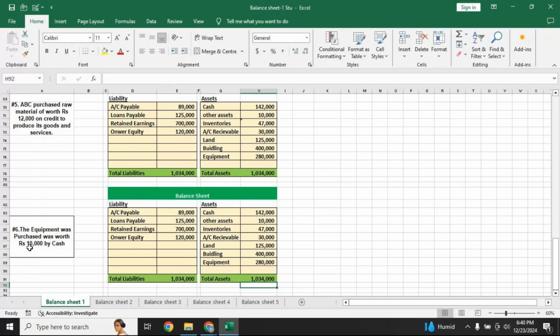Equipment is getting added with 10,000, and by cash, we are paying cash, so here minus 10,000. So plus 10,000 in the equipment, minus 10,000 in the cash.